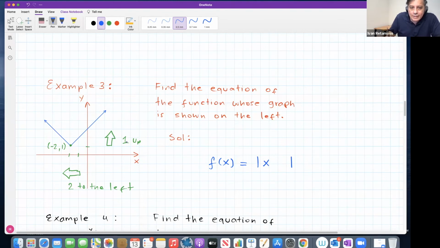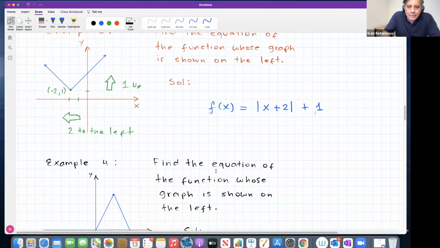For this number, I look at the horizontal shift. It was moved 2 units to the left. So I should write here the opposite, +2, right? This 1 unit up, intuitive, +1. You follow, guys? So this is how you recover the formula from the given graph.